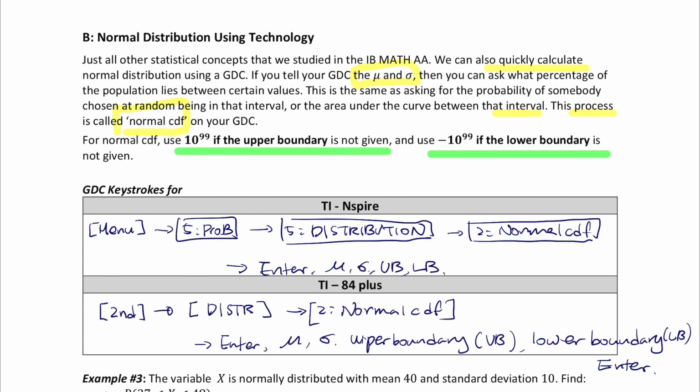Okay, so these are the keystrokes for the TI Nspire and TI-84 Plus calculator.